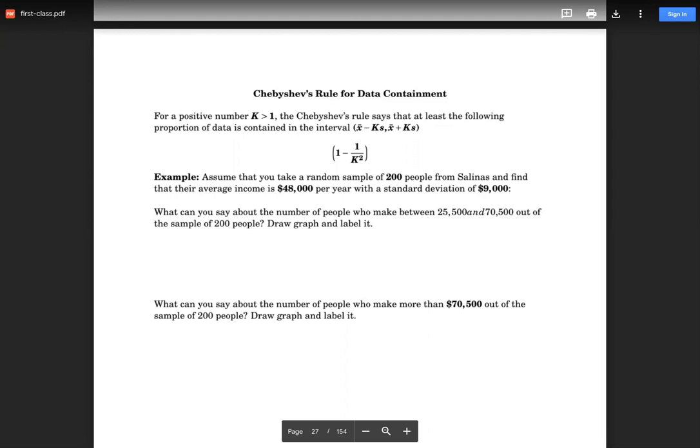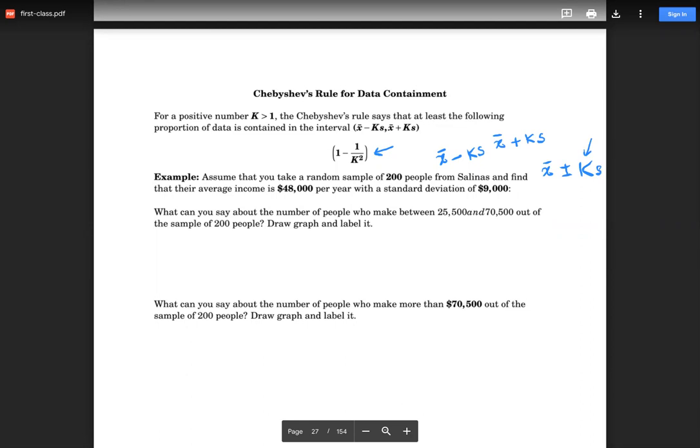In Chebyshev's rule, remember, this percentage of data is included if you move, let's say, k standard deviations to the right, x bar plus k times s, or k standard deviations to the left, x bar minus ks. Normally, we write it as x bar plus or minus k times s. s is the standard deviation, where k is the number of standard deviations that you move in either direction.